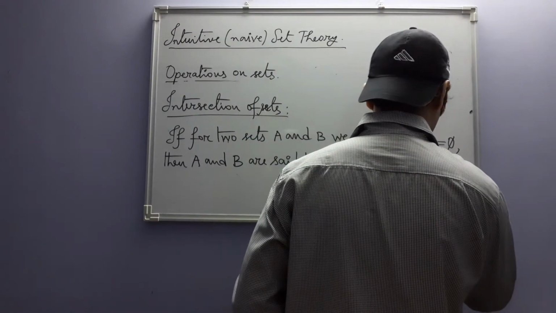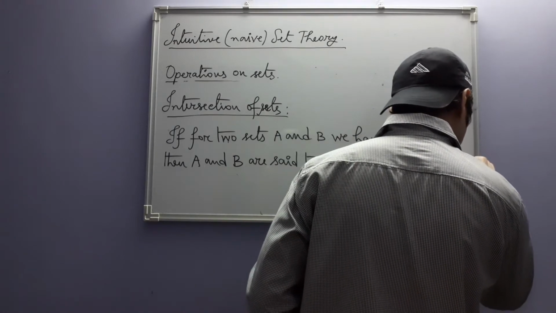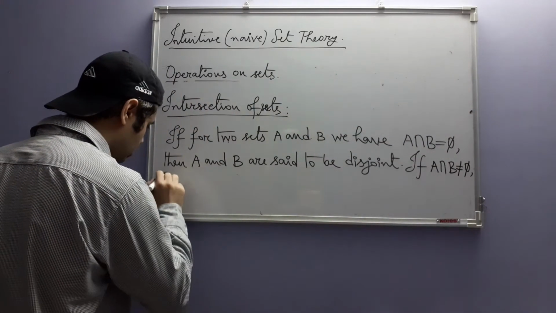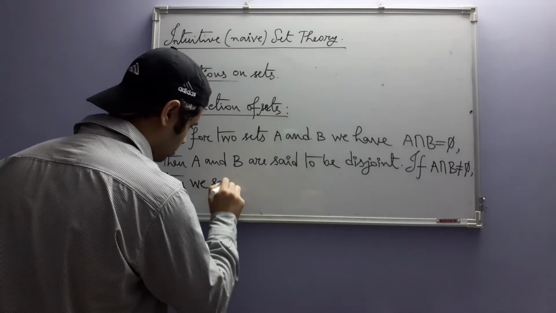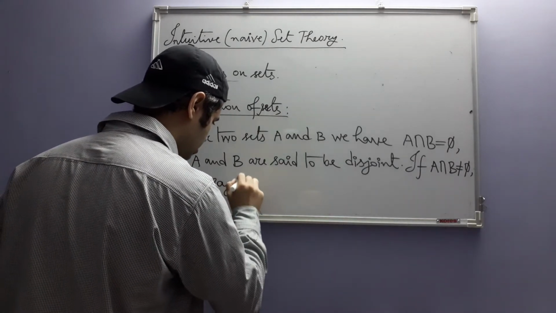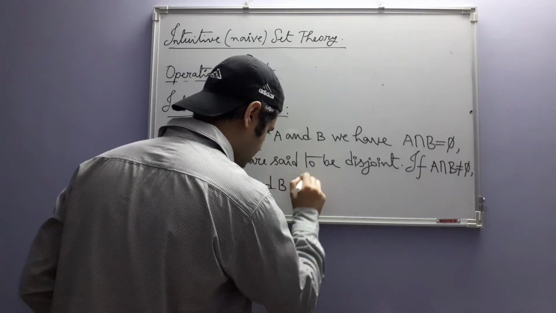If A intersection B is not empty, then we say A and B intersect.